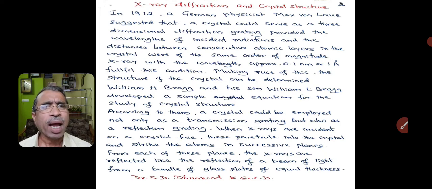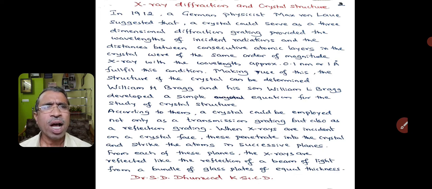William H. Bragg and his son William L. Bragg developed a simple equation for the study of crystal structure. According to them, a crystal could be employed not only as a transmission grating but also as a reflection grating.